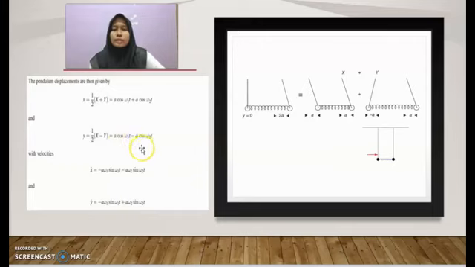And the velocities given are x dot equal to negative a omega 1 sine omega 1 t minus a omega 2 sine omega 2 t, and for the component y dot equal to negative a omega 1 sine omega 1 t plus a omega 2 sine omega 2 t.